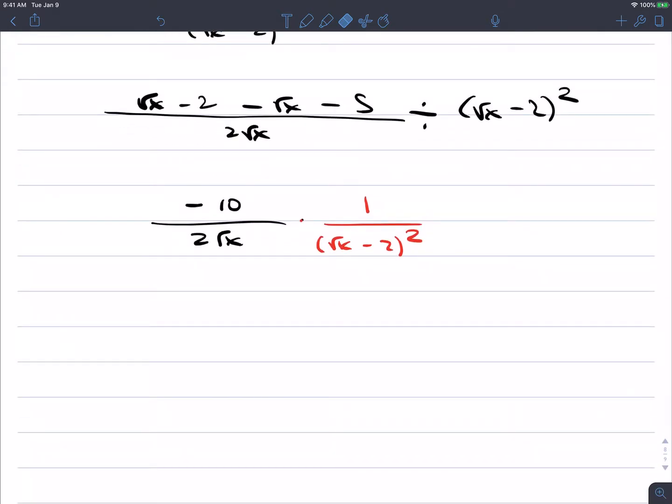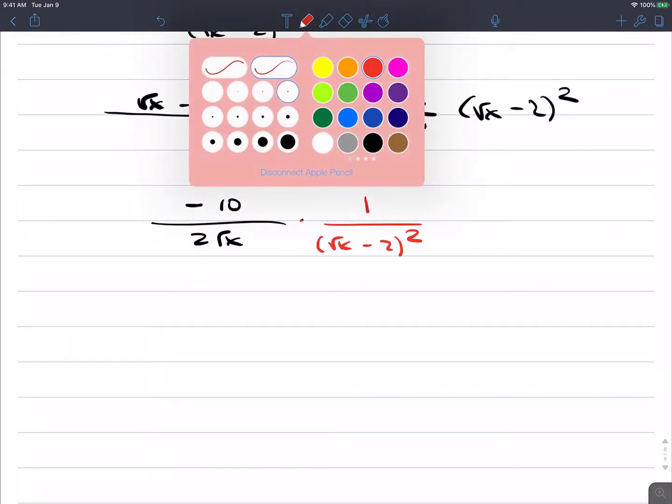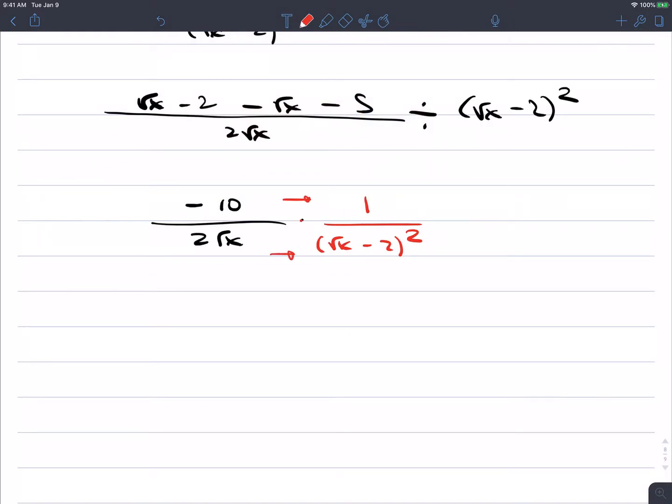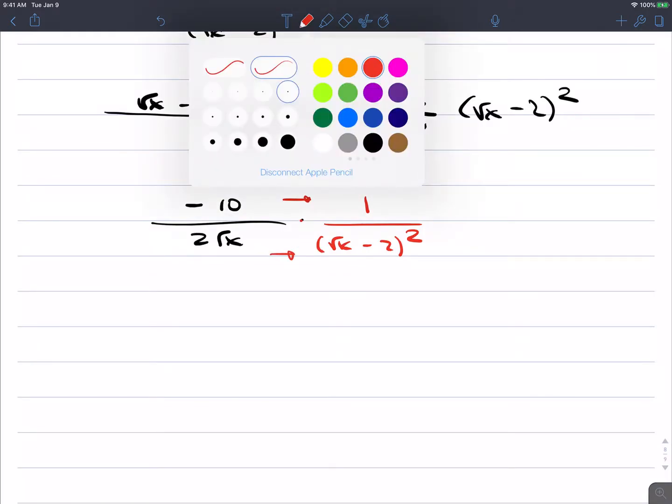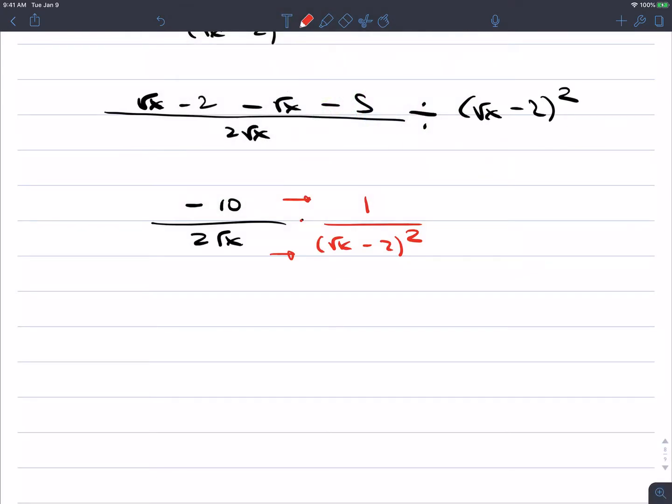Now, when we multiply again horizontally across, you end up here with negative 10 over 2 square root of x times the square root of x minus 2 to the second power. Now notice you can simplify here. 5 and 1.